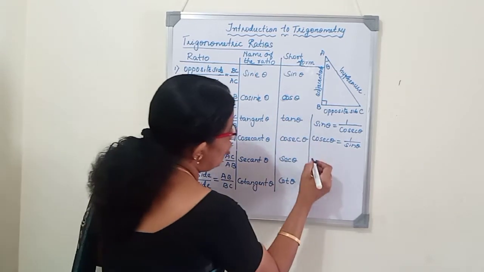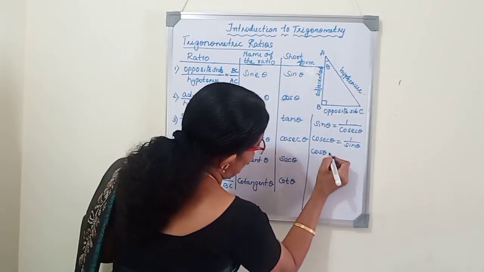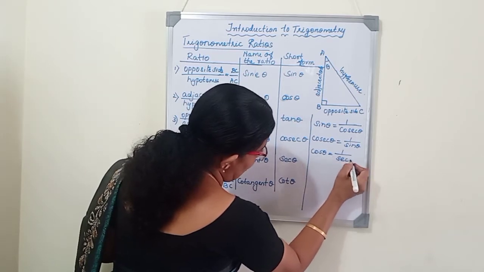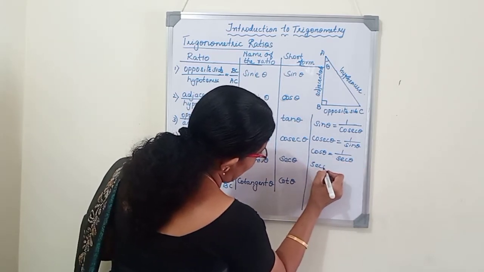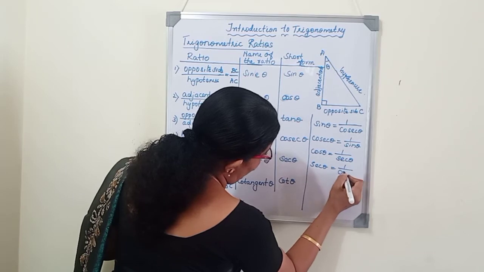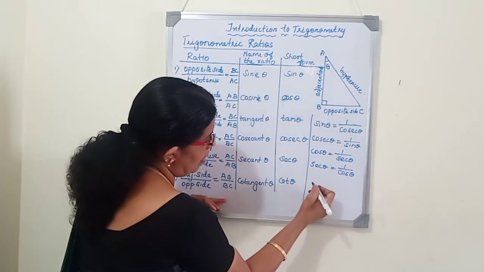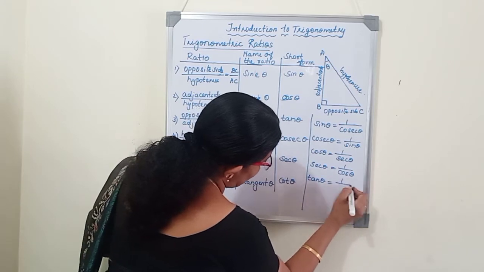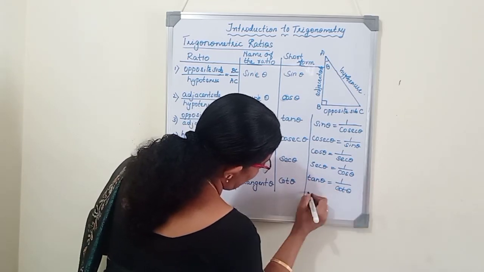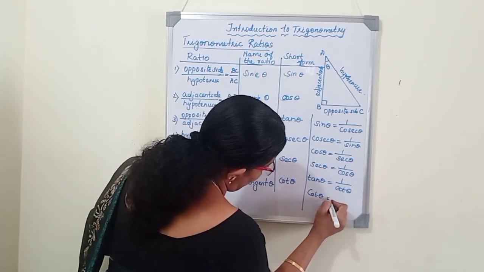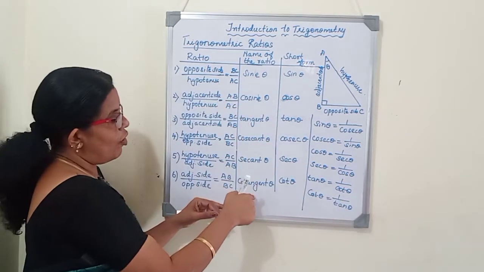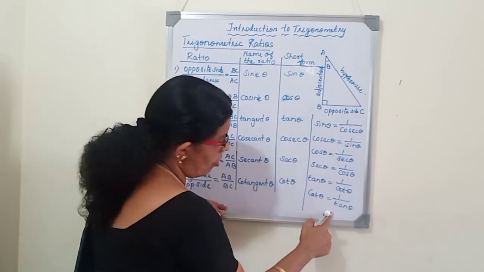Same way, cos theta is the reciprocal of sec. So cos theta is 1 by sec theta and sec theta is 1 by cos theta. All these are formulas we have to learn. Next, tan theta is 1 by cot theta and cot theta is 1 by tan theta. These are the 6 ratio formulas, and again 6 reciprocal formulas.